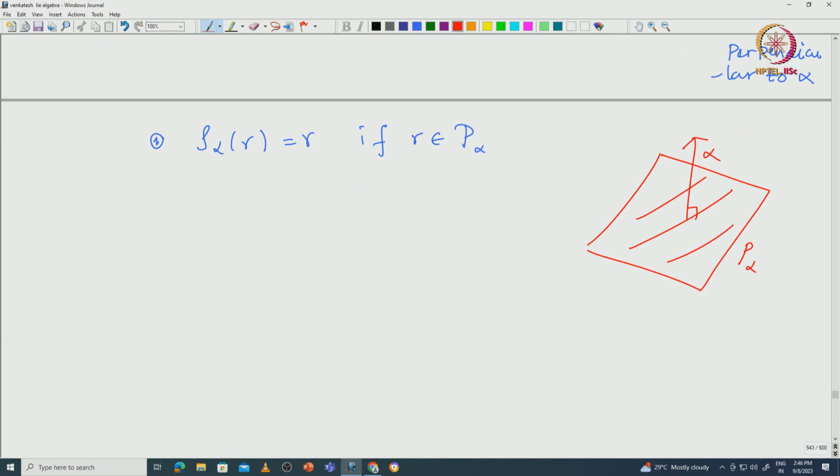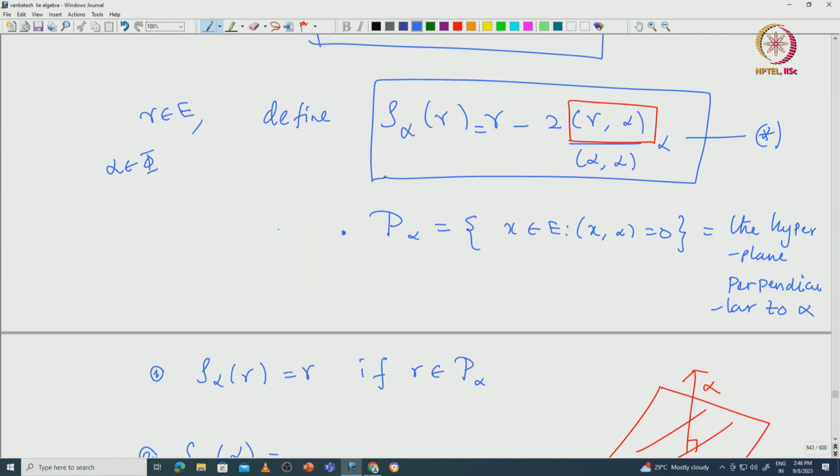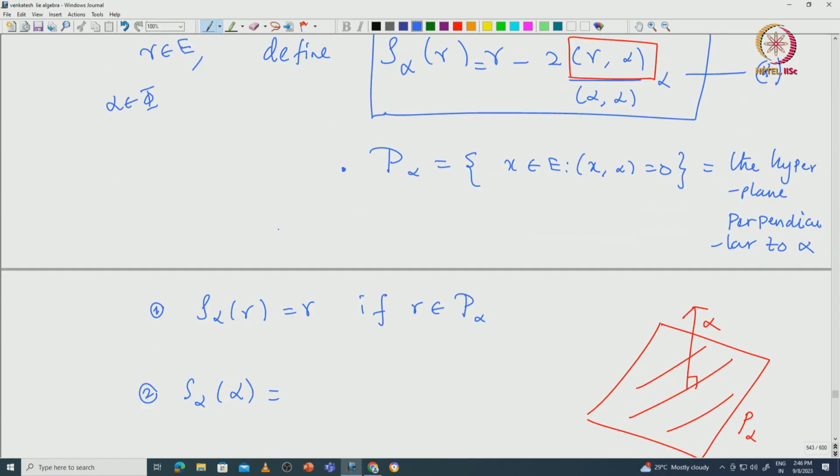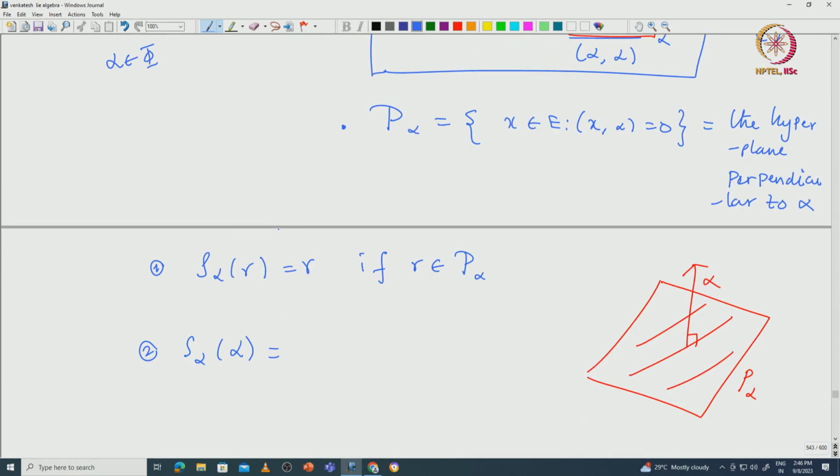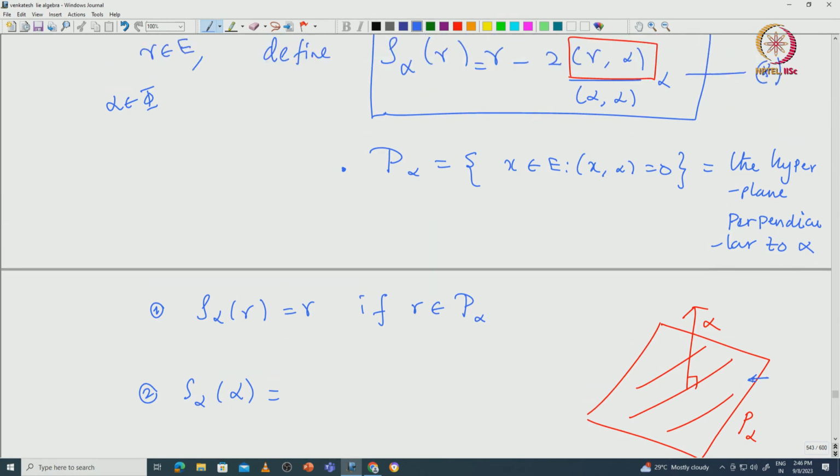If you substitute into the formula, S alpha of alpha is alpha minus twice the inner product of alpha with alpha divided by the inner product of alpha with alpha, times alpha. That gives us minus alpha.